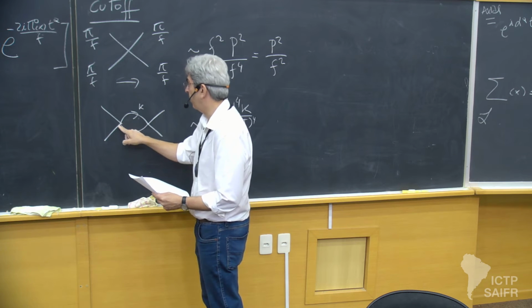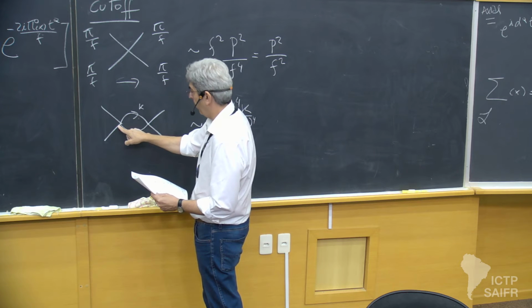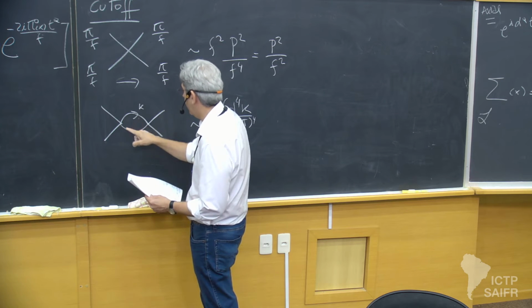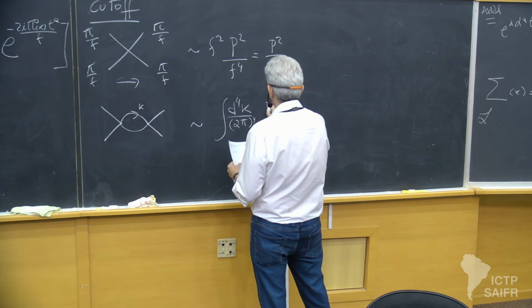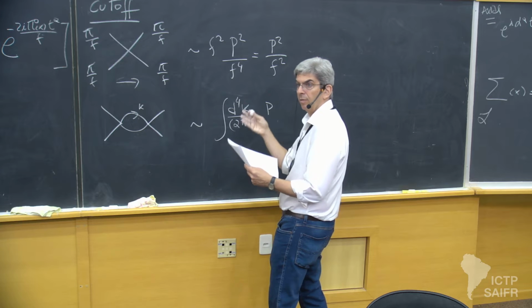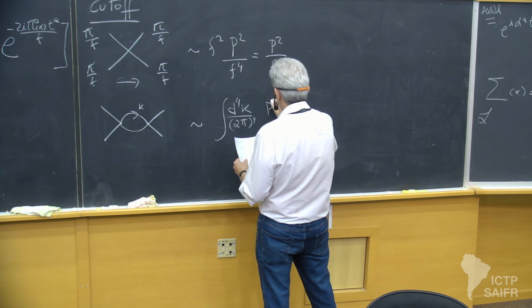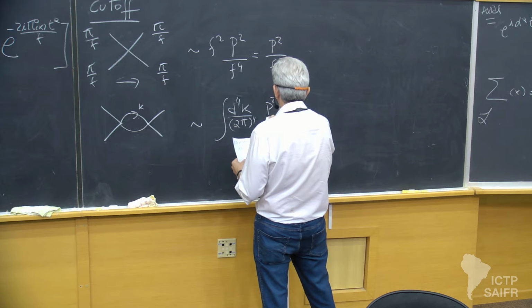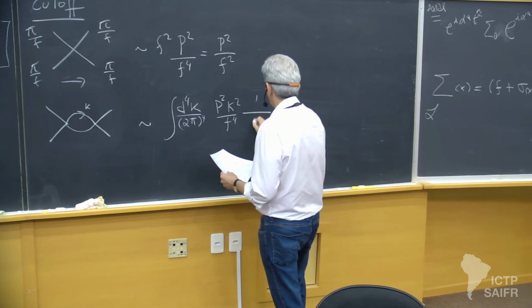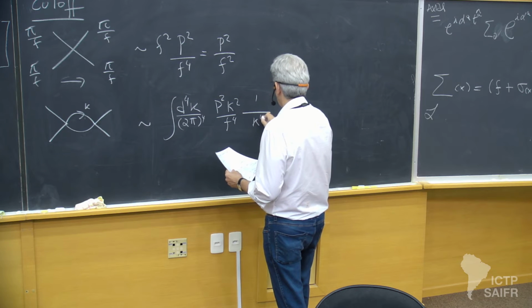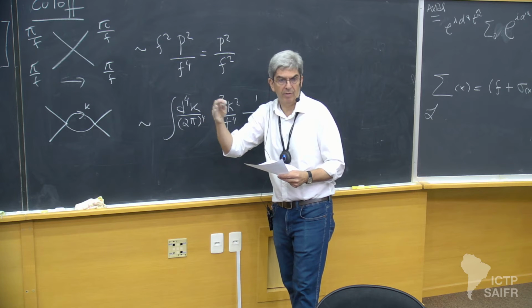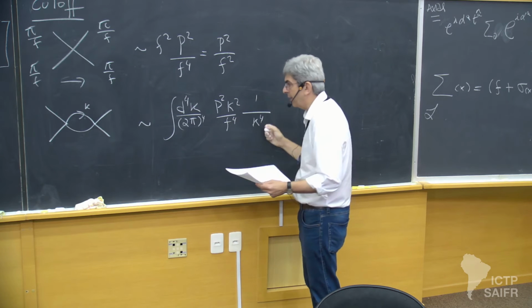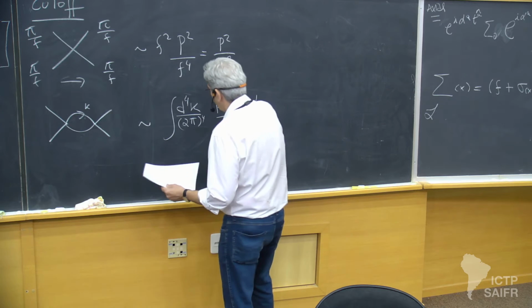But the vertices depend on p and k, and on p and k, right? And so now it's going to go like this. This is a back of the envelope, quick calculation: p squared, k squared over f to the 4th. And then the propagators, there are 2 propagators. I'm going to put 1 over k to the 4th just to estimate the ultraviolet behavior. That's why I don't have masses. Well, they're massless anyway.